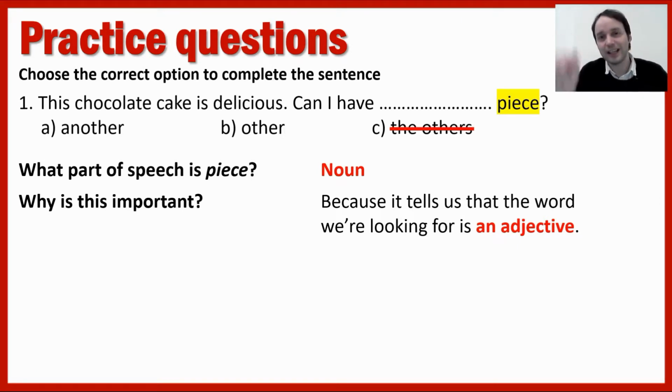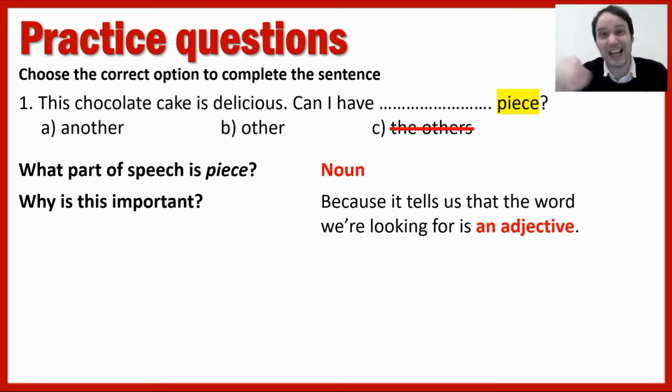It needs something at the end to complete the meaning. I can say the red room and the connects to room, or the noisy student and the article connects to student. In this example, there's nothing connecting them, so others must be the noun.